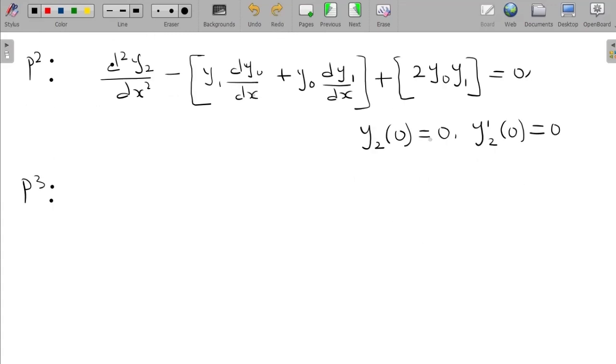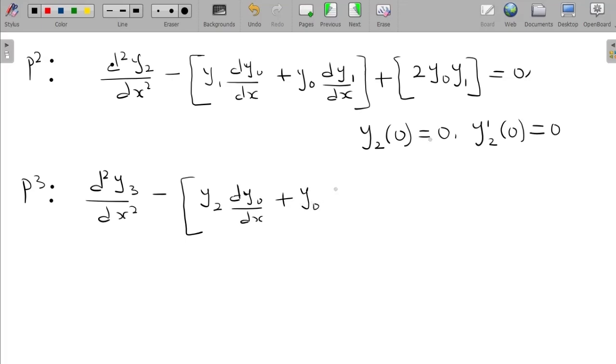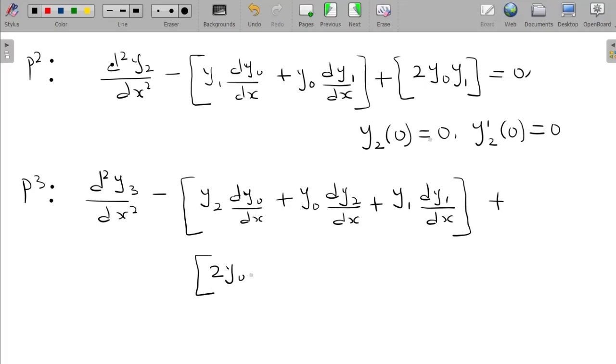So now for p raised to power 3, we'll have d²y3/dx² minus, the nonlinear term is obtained as y0 dy2/dx plus y1 dy1/dx plus y2 dy0/dx, plus 2 y0 y2 plus y1² equal to 0.